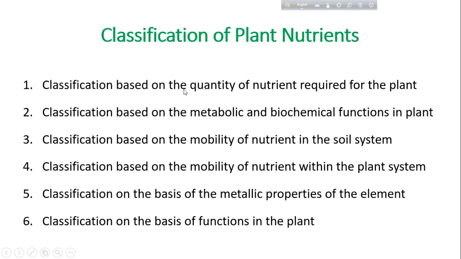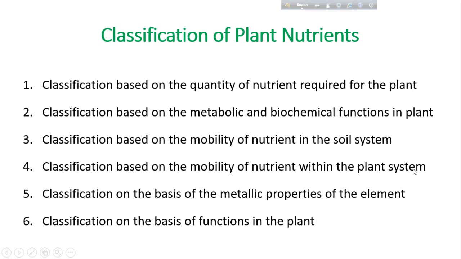Number 1, classification based on the quantity of nutrient required by the plant, as we have just discussed. Next, classification based on the metabolic and biochemical functions in the plant. This is very important. So which elements are involved in what type of biochemical reaction and function. Classification based on the mobility of nutrient in the soil system. Next, classification based on the mobility of nutrient within the plant system.